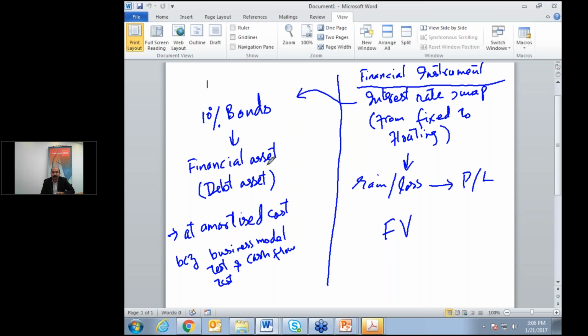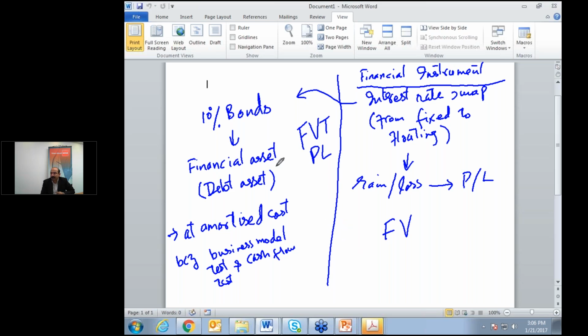So the standard allows you in such a situation, even though these criteria are being met, to measure this financial asset subsequently at fair value through profit and loss, so that both should end in the profit and loss account.